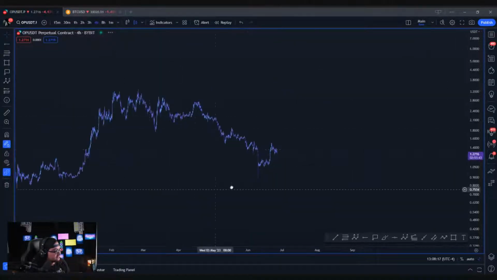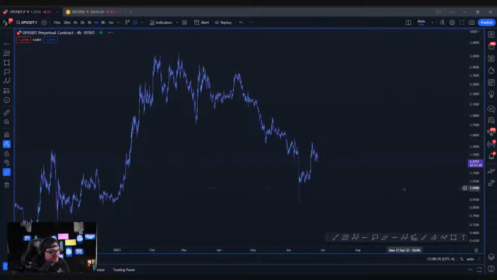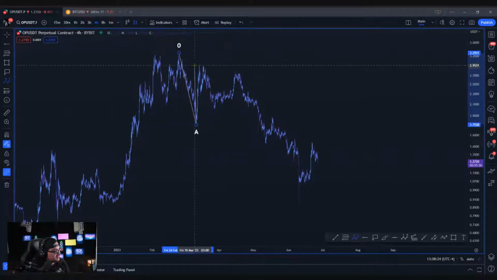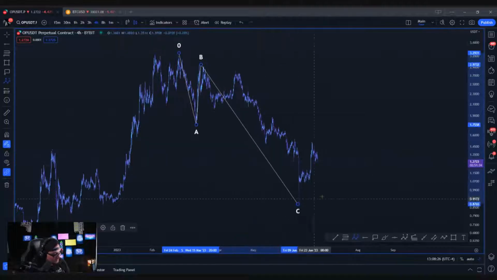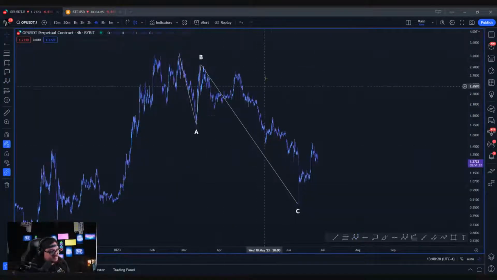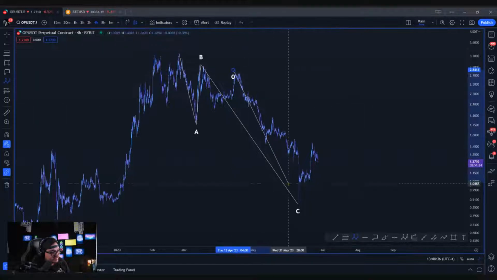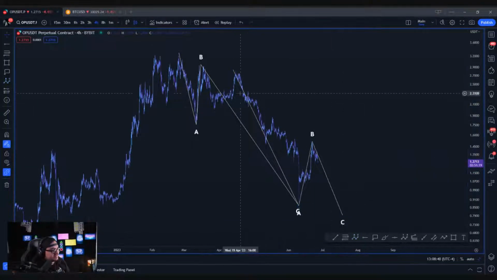All right, so the larger setup looks like we did put in an ABC. It looks like we extended pretty far down past the A. One of the first things I'm going to be looking for is a possible ABC extension off of this larger C wave.